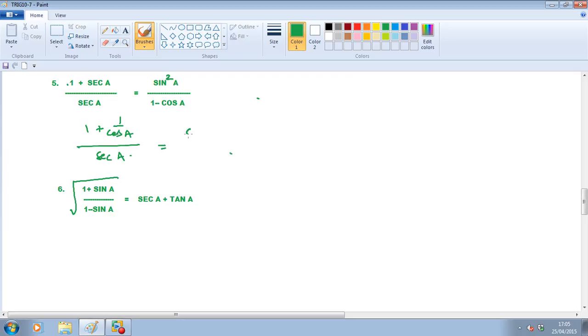This is equal to cos A plus 1 divided by cos A, the whole thing divided by secant A, which is 1 by cos A.